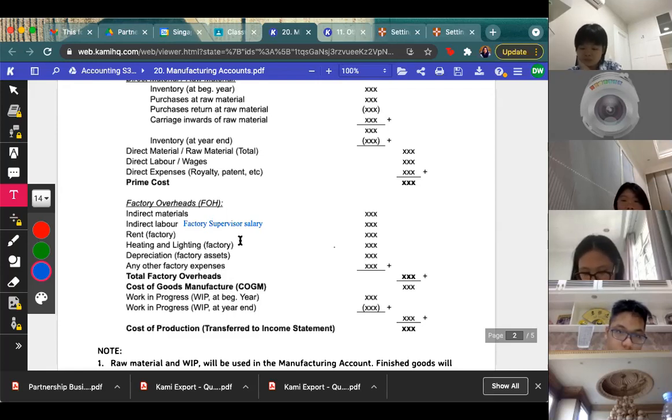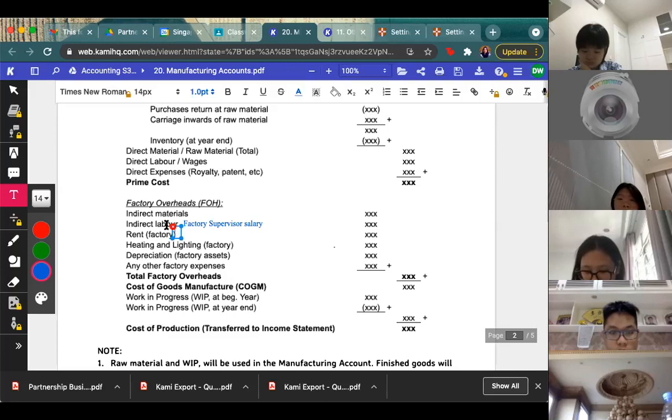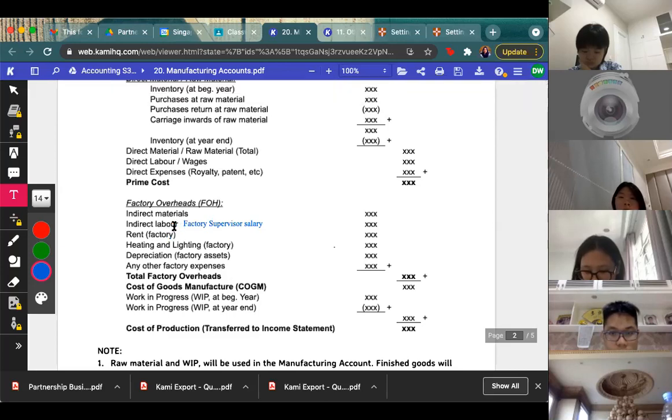Next, rent, heating and lighting, depreciation. But remember, guys, pay attention. Rent, heating and lighting, depreciation is only for the factory. Because if you are in a manufacturing business, you will have two places: the first one is the factory, and the second one is the head office. So this rent represents only rent for the factory. If there is any electricity, it is also only for the factory.